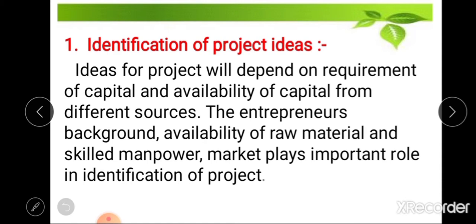Ideas for a project will depend on the requirement of capital and availability of capital from different sources, the entrepreneur's background, and availability of raw material and skilled manpower. The market also plays an important role in identification of a project. So the key requirements for identification of ideas are the entrepreneur's background, availability of raw material, skilled manpower, and then the market, which is also an important factor.